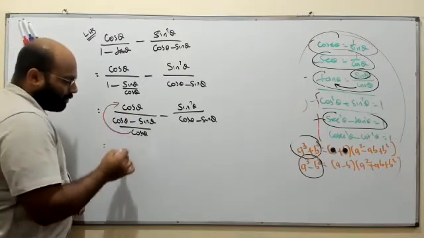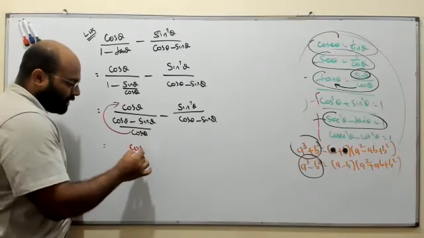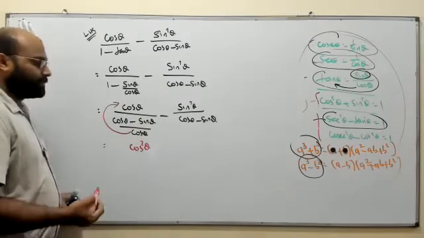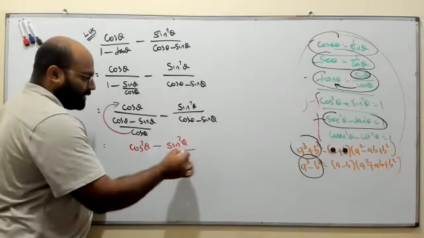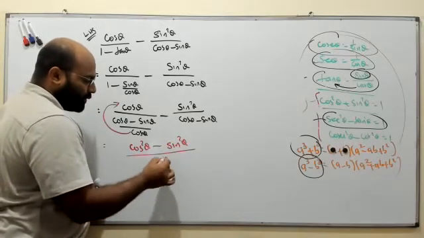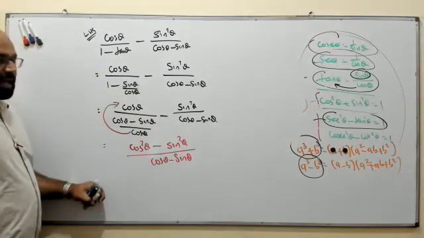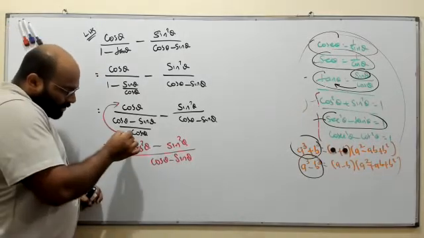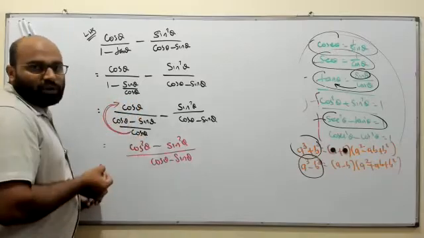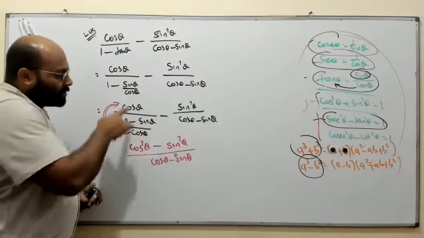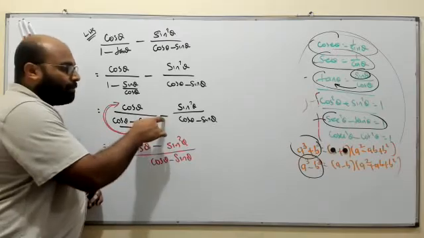So cos theta, reciprocal multiplication will come. So cos square theta minus sine square theta divided by cos theta minus sine theta. One step I skipped, again I repeat. This cos moved up. So cos into cos is cos square theta. So cos square theta by cos theta minus sine theta, minus sine square.